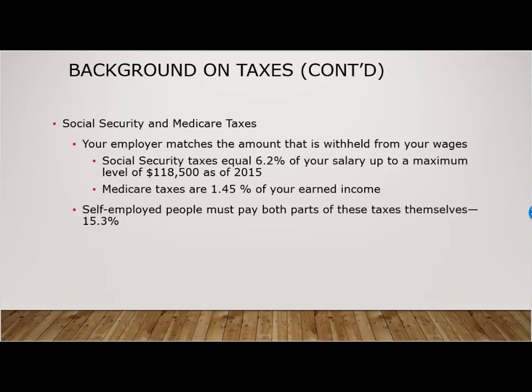So your company pays the second half of this, right? If you look at that, that's roughly 7.65. Add that to 7.65, that comes out to 15.3%. So businesses pay the other half, and of course, if you're self-employed, you pay both halves.